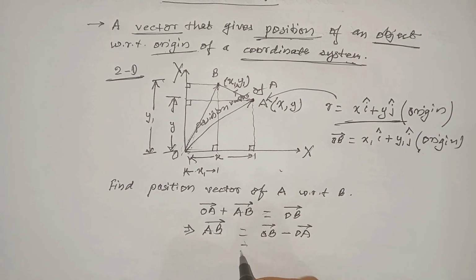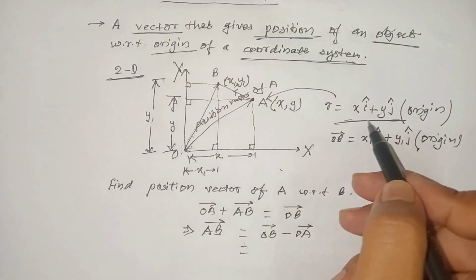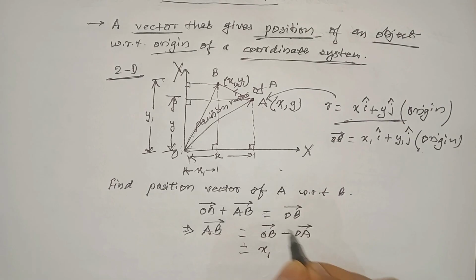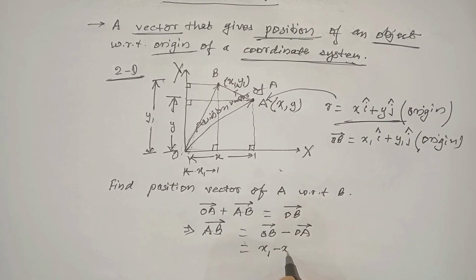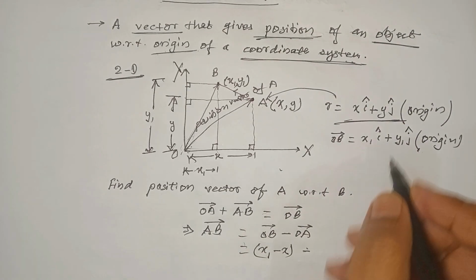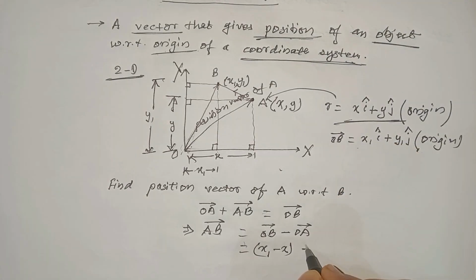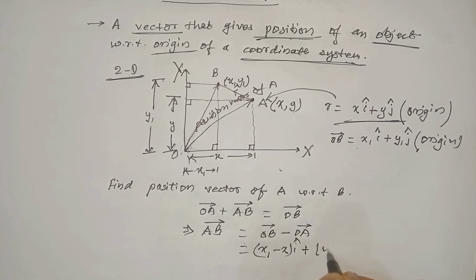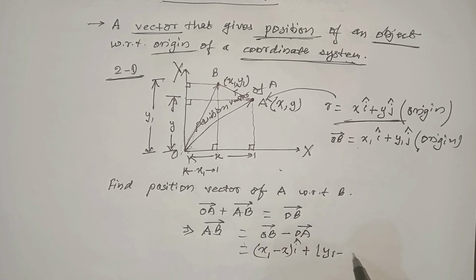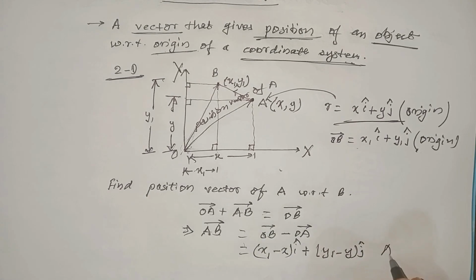Okay, we can put the values here. OB vector is x1 i cap plus y1 j cap, minus OA vector, so it is (x1 minus x) i cap plus (y1 minus y) j cap. This is the answer.